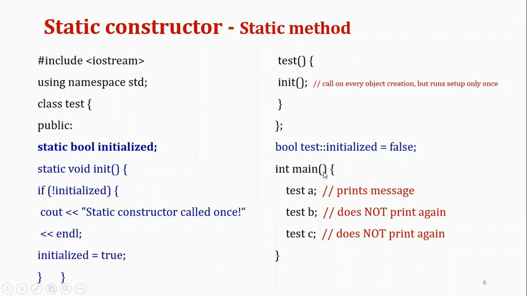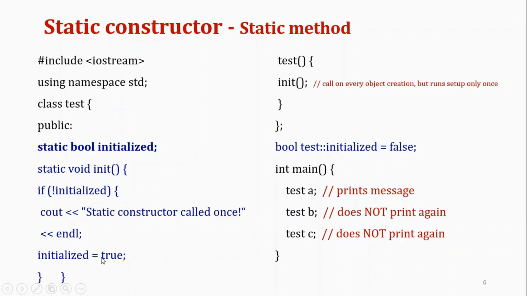In the main function, I'm creating the object for the test class. What happens? Object 1 is created, so it is going to call the init function. The init function is going to initialize the static constructor, the once message will be printed, and it's initialized to true. Initially it is false; after the first object, it is going to be true.